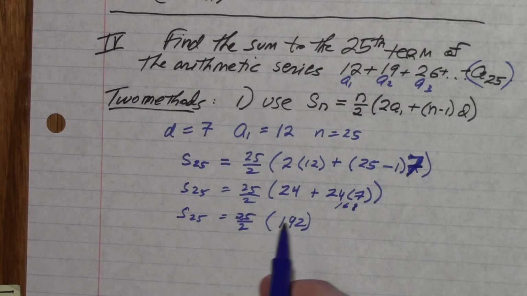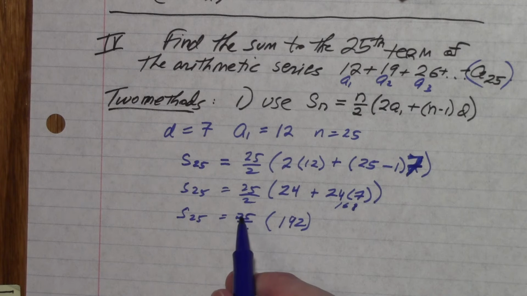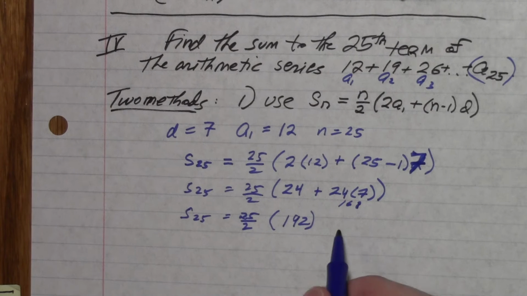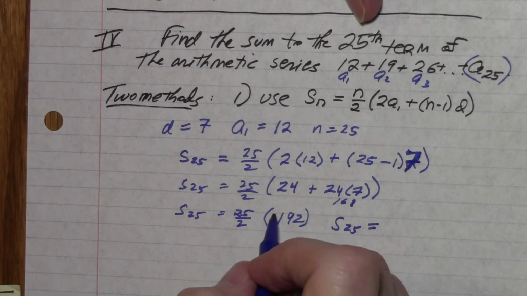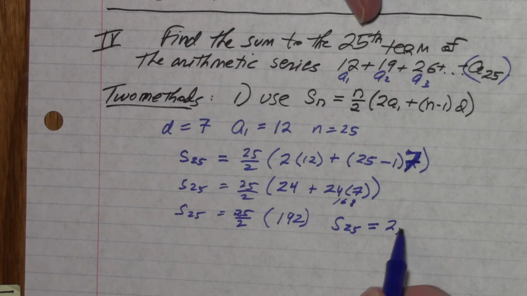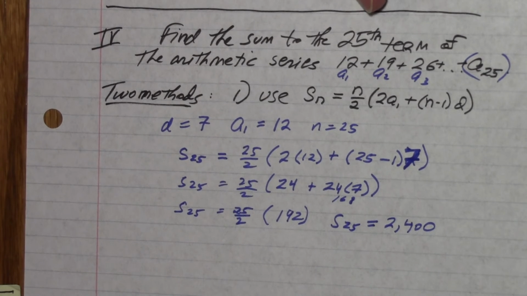Now here I can divide 2 into it, and I can then just multiply it, or I can just do on the calculator 25 over 2 times that, or 25 times that divided by 2. What it tells me is that the sum of the 25 terms when I do this comes to 2,400.